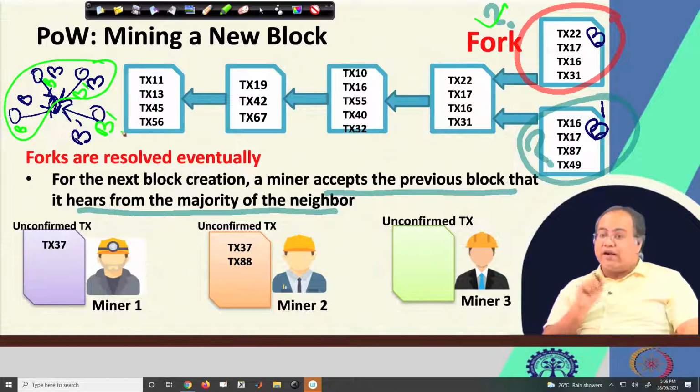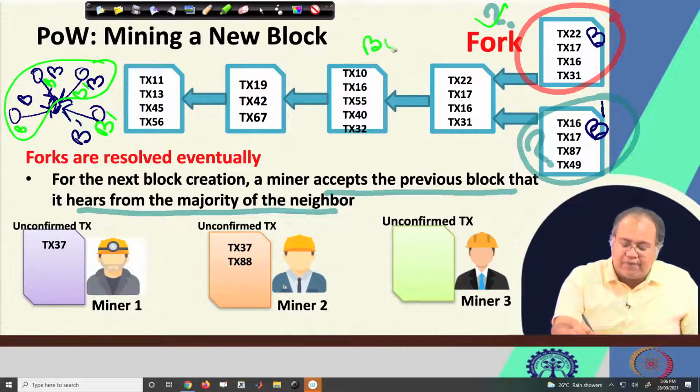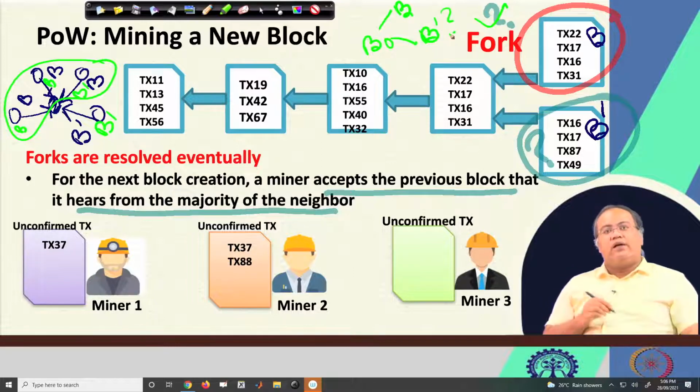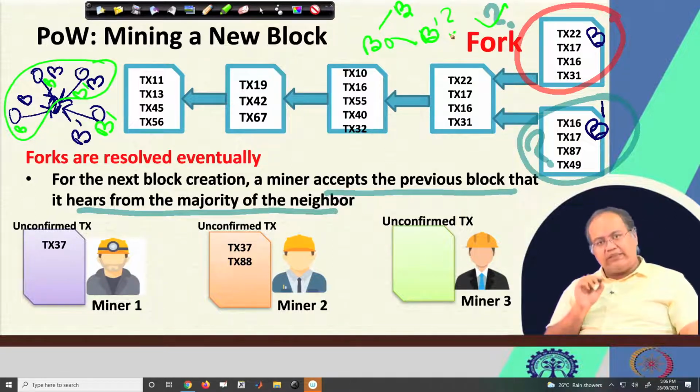Whenever there is a conflict of information like this, where after block B0 someone says the next block is B and someone says the next block is B prime, the question comes: which one are you going to accept? To resolve this, every node in the blockchain applies the majority rule.